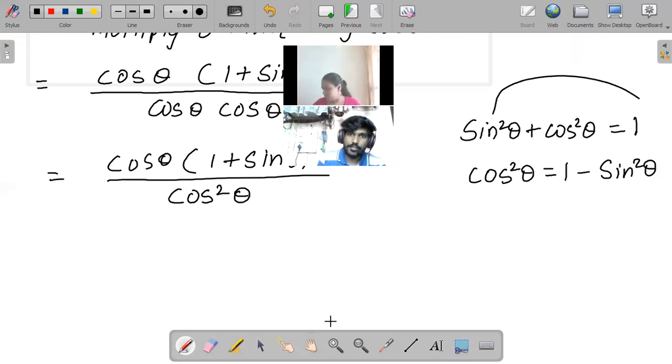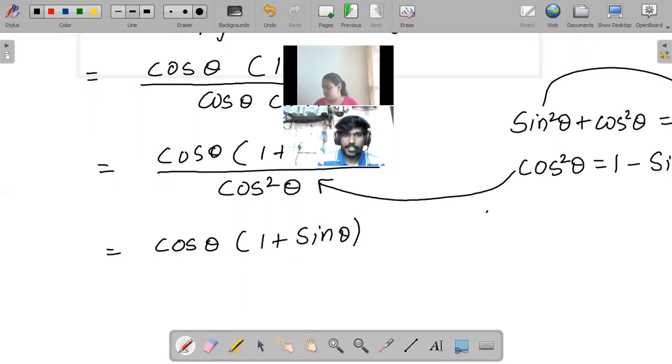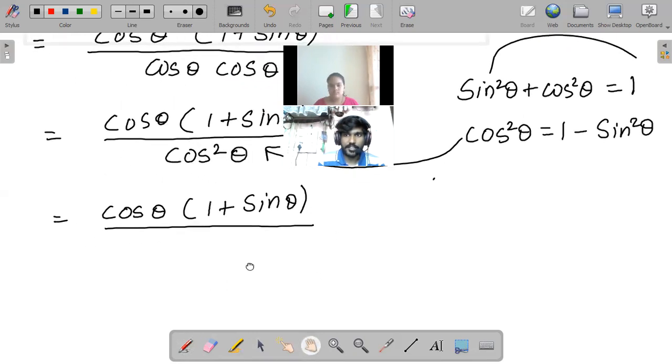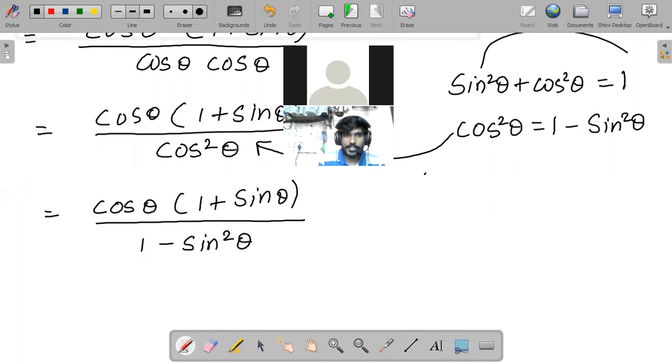Did you understand this? Now replace the denominator with this formula. So you will have numerator as it is, cos theta into 1 plus sine theta, and in the denominator you're replacing it, so that will become 1 minus sine square theta. Is it clear?